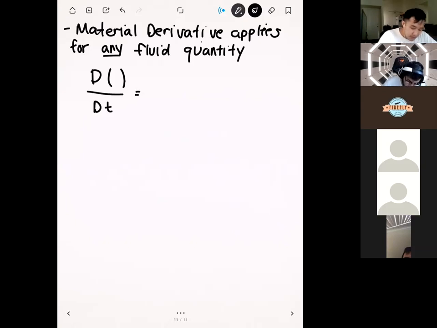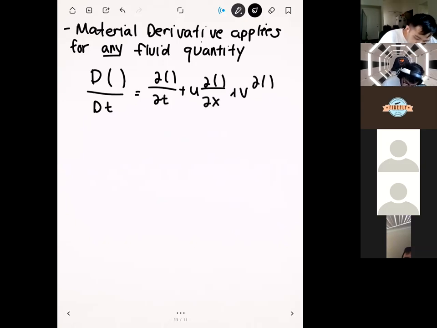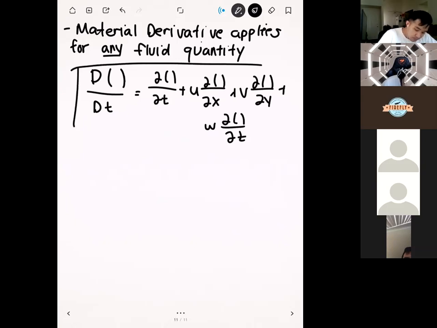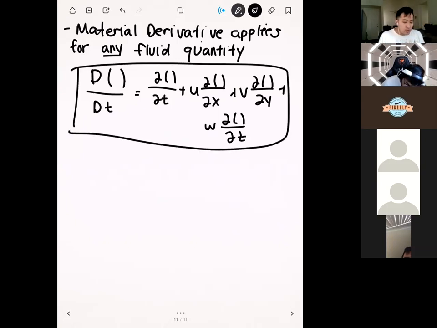And so it just looks just like this. Everywhere we basically just took our material derivative, and everywhere I had the velocity vector, I just replaced it with something generic. If you're taking heat transfer in the spring, what you'll see is that they apply this material derivative for temperature.